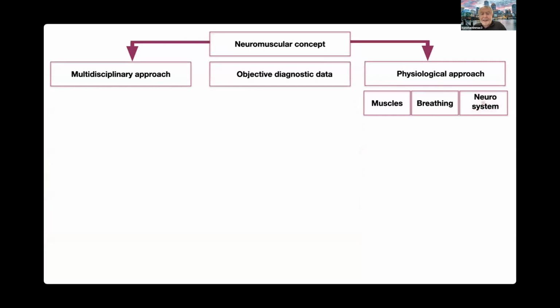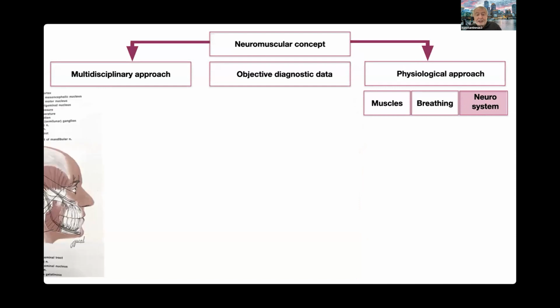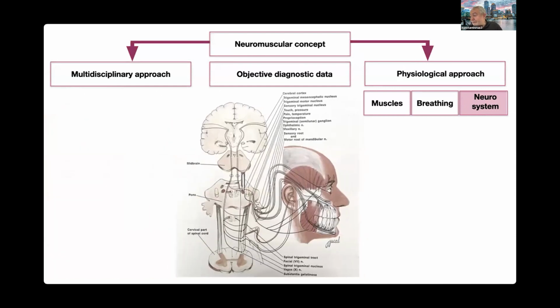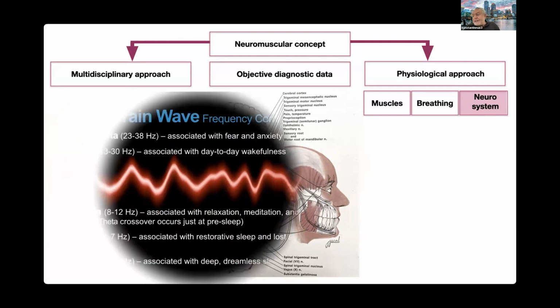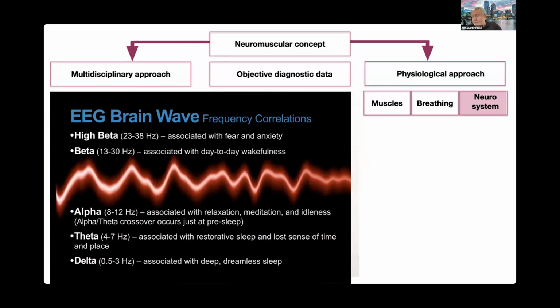The third physiological component is the nervous system. If the movement of the jaw is controlled by muscles, then the muscles are controlled by the central nervous system. The frequency of brain activity is associated with various stages and activities of the body.